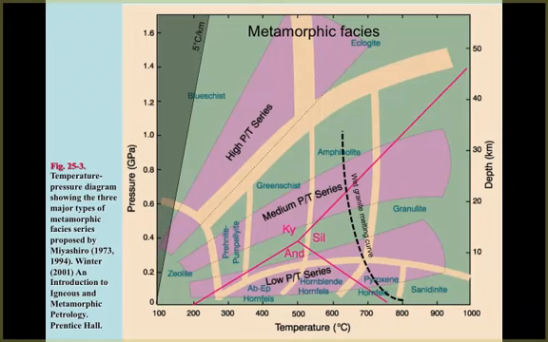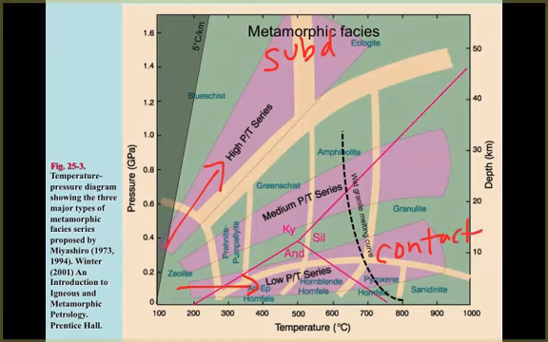You're seeing trends for high pressure, low temperature subduction zone rocks. I'll abbreviate that. You're seeing a low pressure, high temperature trend for contact metamorphic rocks. You're seeing a sort of medium pressure and temperature series for regional metamorphic rocks.